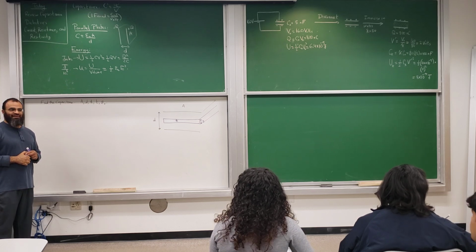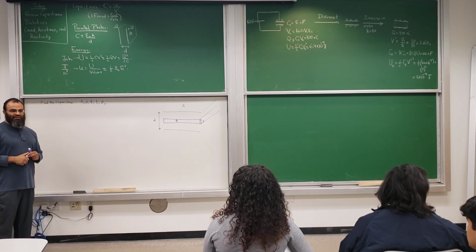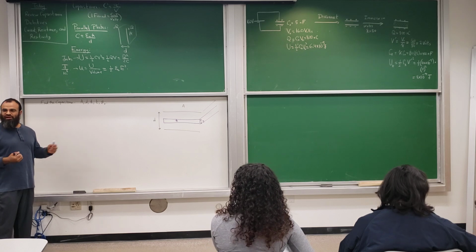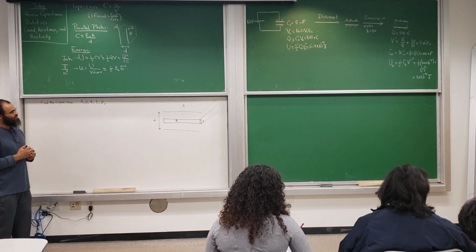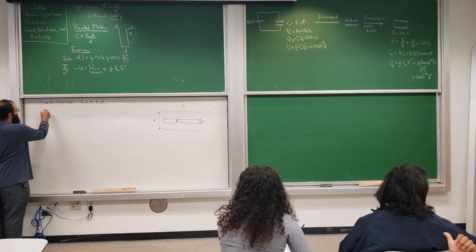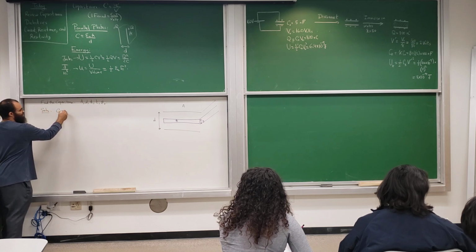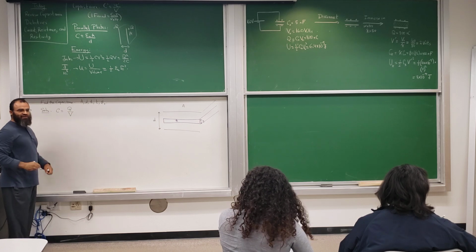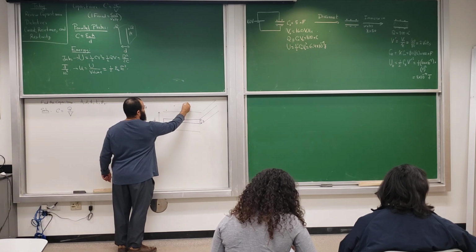How are we going to do this? We will do it by definition, and then I will show you a little trick that will help us solve more complicated problems. So we'll do the definition first. The definition of capacitance is C, the charge divided by the potential difference.